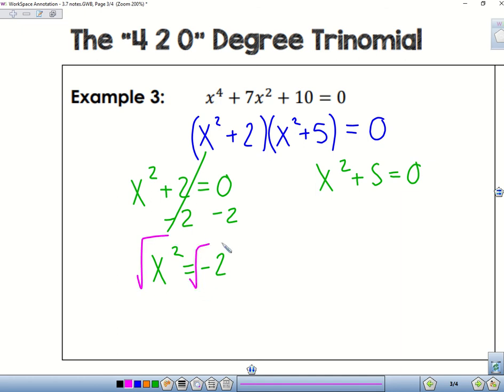Square root it, which gives me x equals what's the square root of negative 2? i radical 2. You can't take the square root of 2, so you just leave it. But the square root of any negative just becomes i.